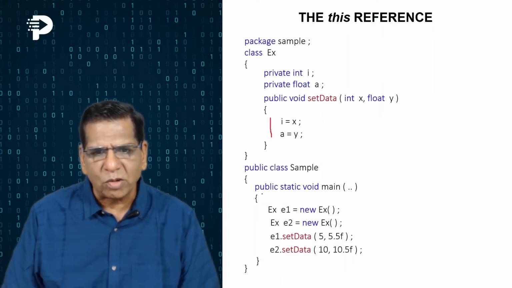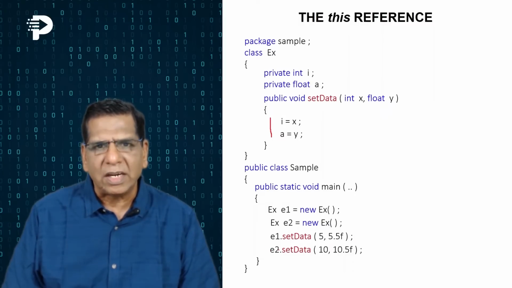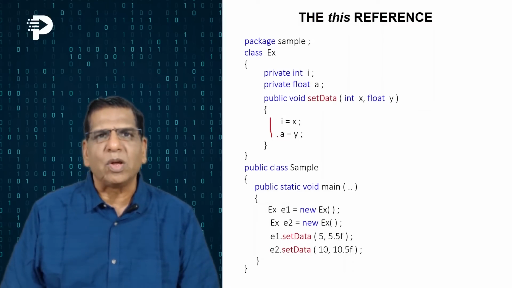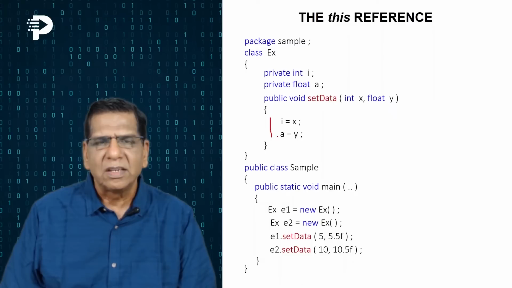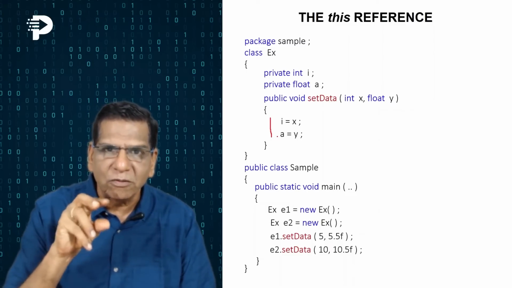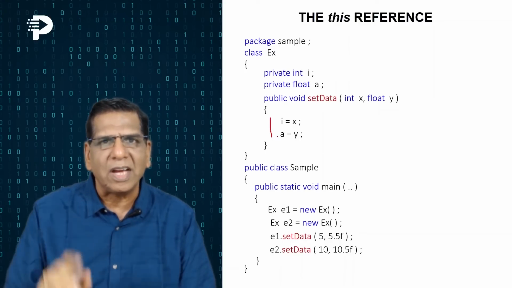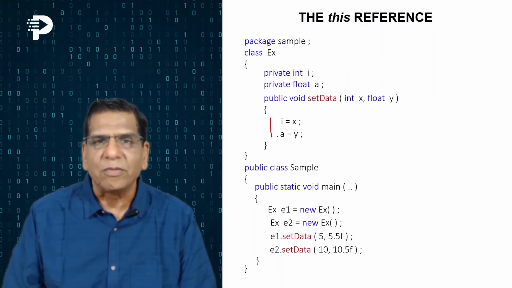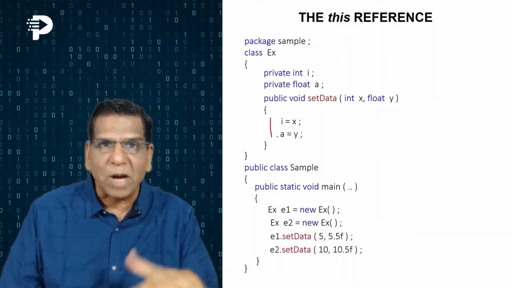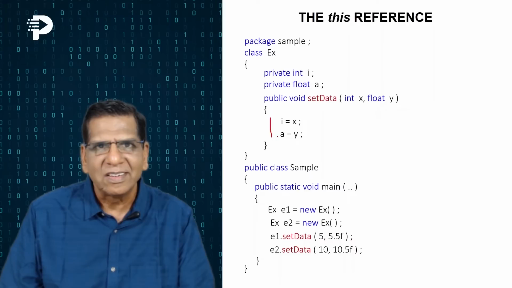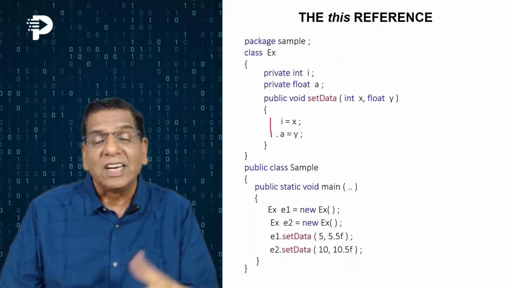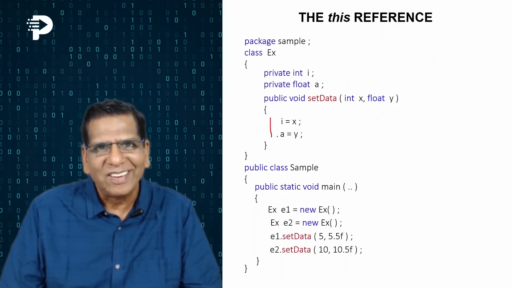Whereas when you make a call to set data using e2, that time these i and a are the ones that belong to the object to which e2 is pointing. So based on using which reference we are trying to reach set data, appropriately i and a of the first or the second object are considered. You ask them, how does this happen? Well, then they say it happens automatically.